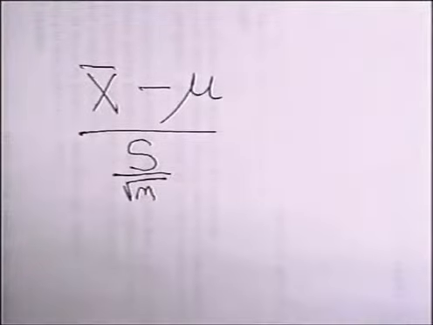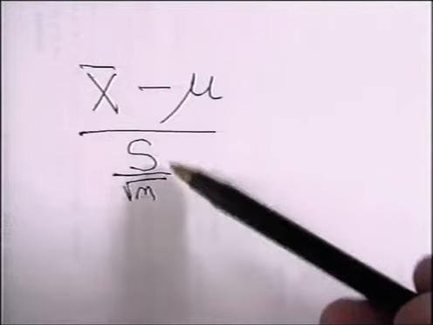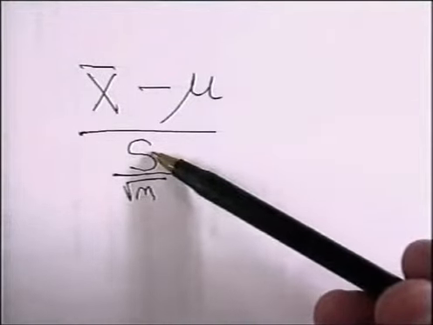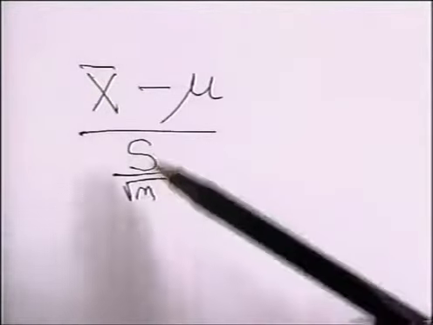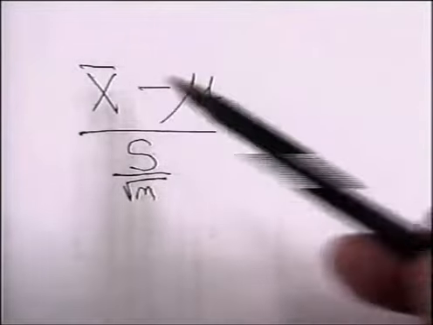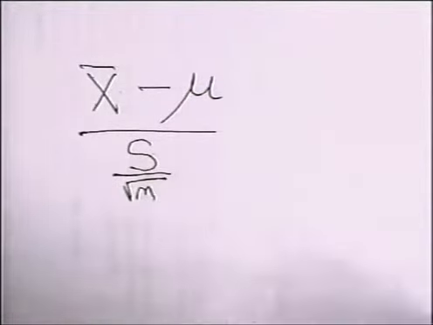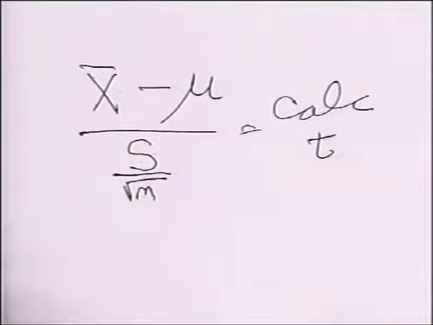This is called the standard error of the sample mean, S sub E sometimes. I calculate this from the sample. So I take the sample, get the mean and the standard deviation. Then I divide my standard deviation by the square root of the sample size, and I go mean minus the population mean divided by my adjusted standard deviation. This is my calculated T number.